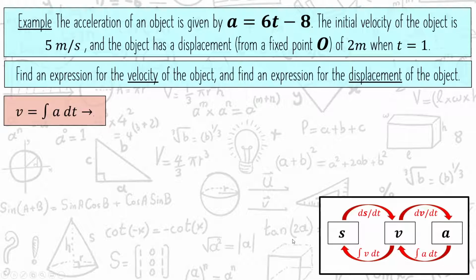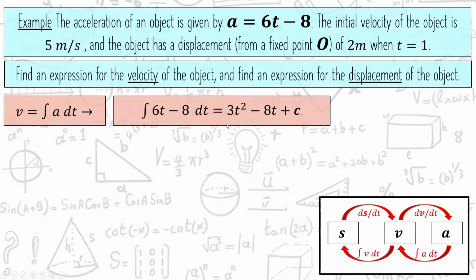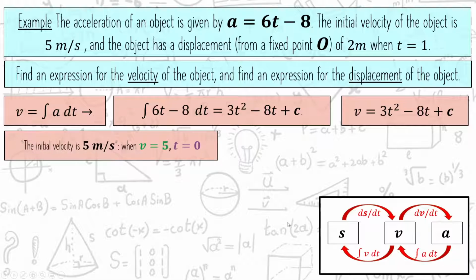So I can get the velocity by integrating acceleration. If I integrate 6t minus 8, I'm going to get 3t squared take away 8t plus a constant. To find this constant, I look at the information about the initial velocity. If the initial velocity is 5 meters per second, this tells me that v is 5 when t is 0.